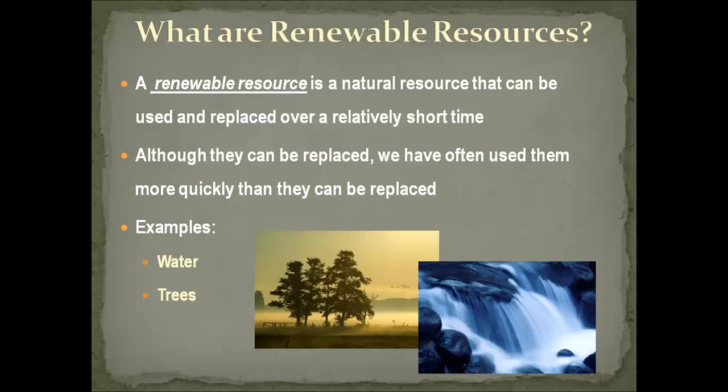So there should be a concept of sustainable development, a sustenance between the production of these resources and the exhaustion of these resources. So here the examples are water and trees.